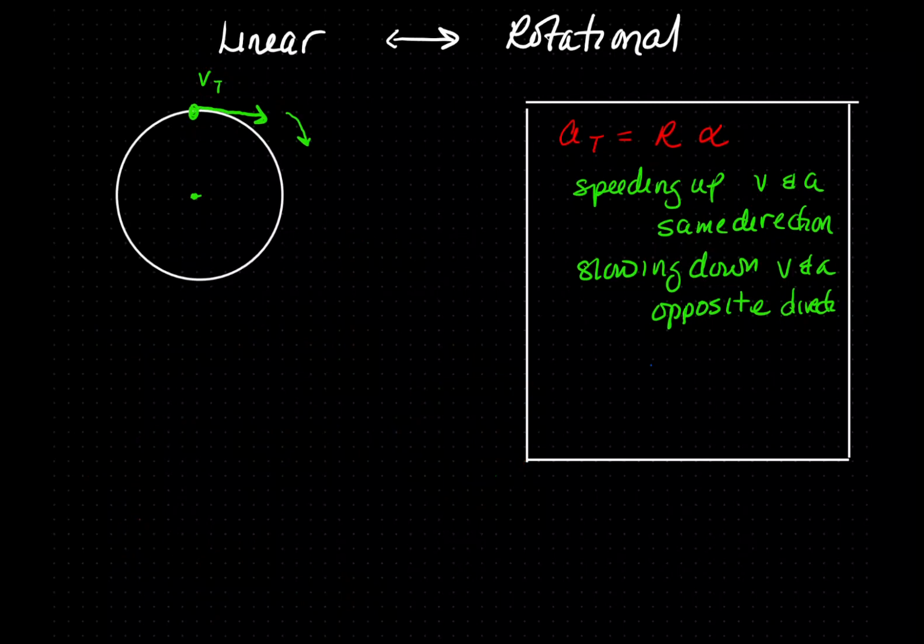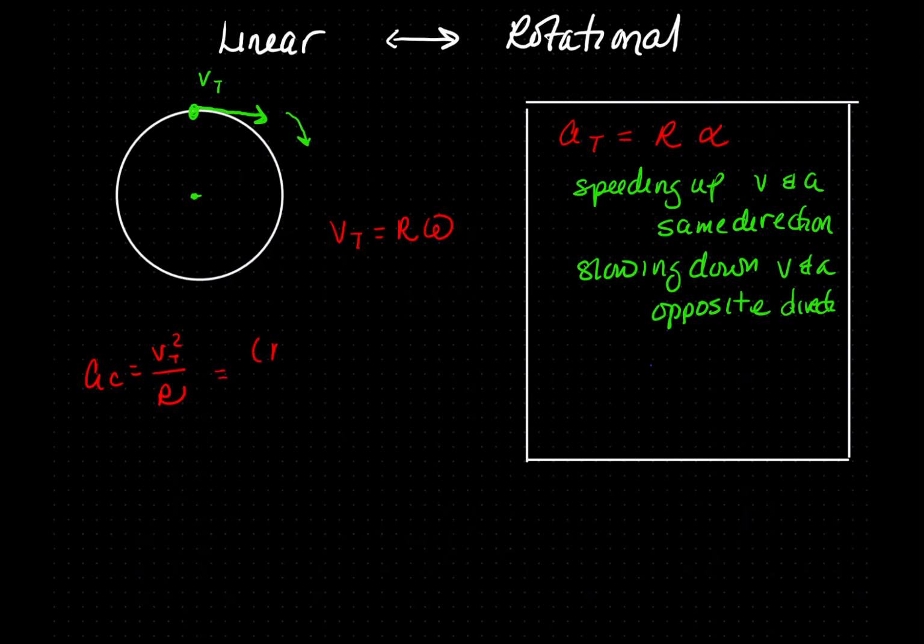Since it's moving in a circular motion, it has centripetal acceleration. Centripetal acceleration is defined as center seeking. It is equal to velocity squared over the radius. This velocity here is the tangential velocity. So we said V tangential in the previous slide was R times omega, which is the radius times angular velocity.